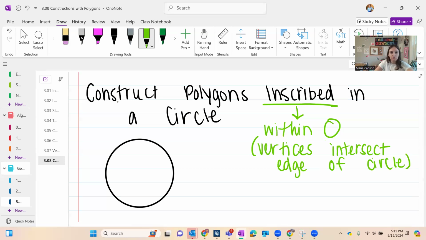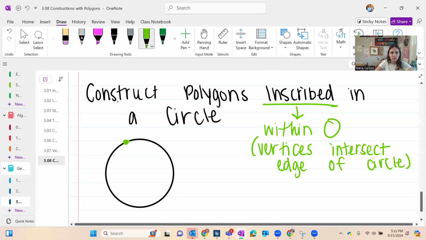So if we have an equilateral triangle, first of all, let's establish the center. It's right here. One of my vertices perhaps is right there. One is here and one is here. And then these sides form the equilateral triangle.